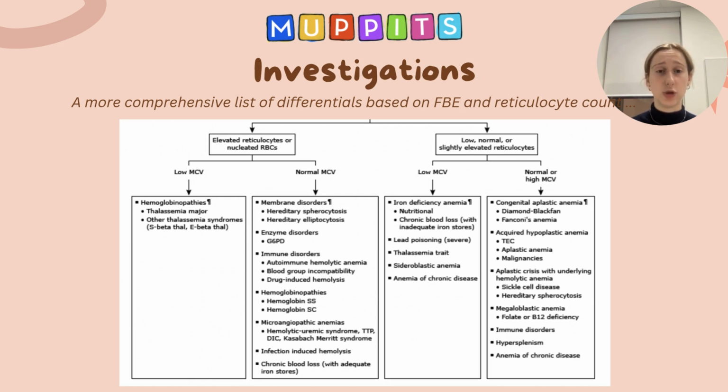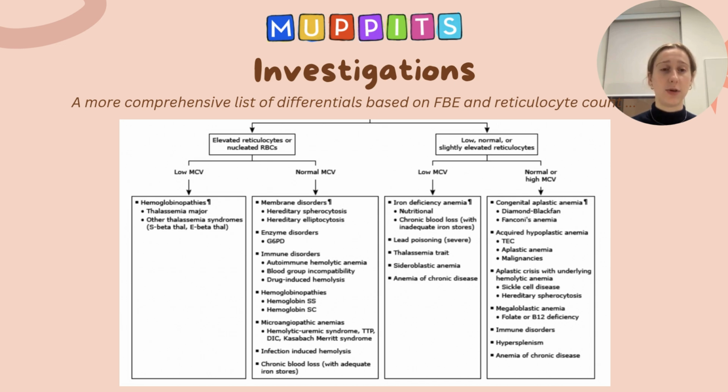Elevated reticulocytes and a normal MCV, I've got a big list here, but things like membrane disorders and red blood cell enzyme disorders, some immune disorders, hemoglobinopathies, microangiopathic anemias. For low reticulocytes and a low MCV, iron deficiency, and some other more rare causes.